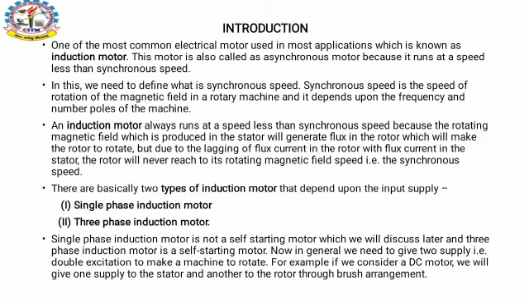Now next, there are basically two types of induction motor that depend upon the input supply. Input supply means we have a power system supply: single phase 2-wire system, 3-phase 4-wire system.